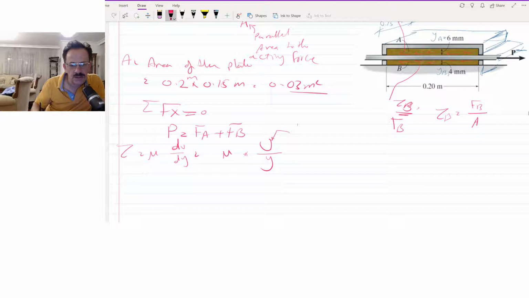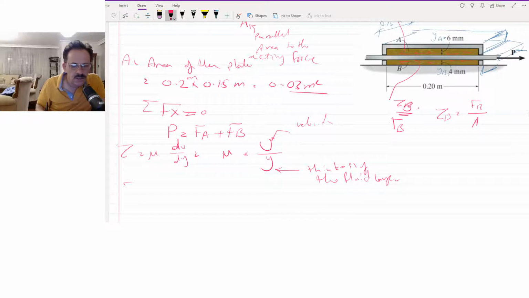This is the velocity, and this is the thickness of the fluid layer. It means this will represent y. Viscosity is of the liquid that we have here.